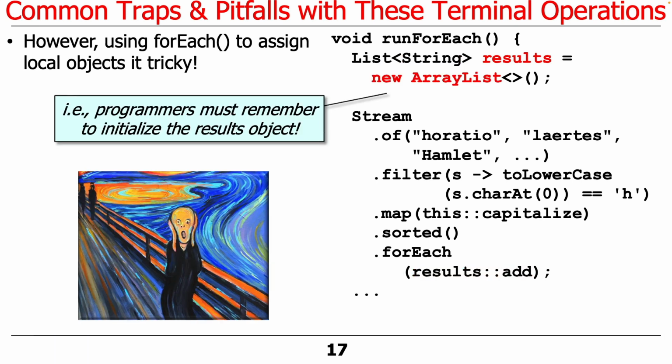Two problems. First, the programmer has to remember to actually initialize this. If you leave this out, if you just declare List<String> results, then hopefully your Java IDE will tell you that you may be accessing an uninitialized variable, which would be good. But if it doesn't, then you've got a problem and you're going to get some kind of weird null pointer exception and chaos and insanity will ensue.